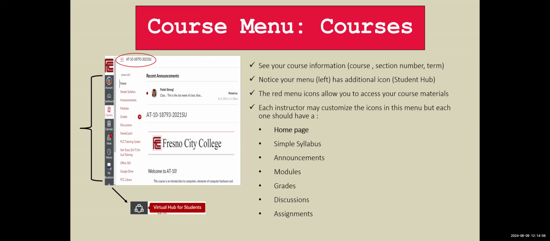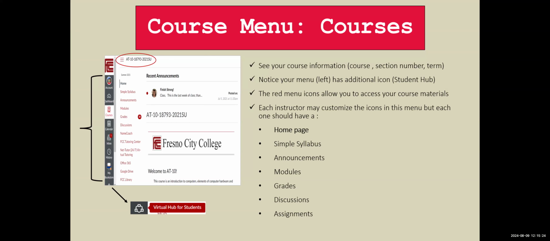You'll still have access to your Canvas main menu or global navigation bar on the left, and now you'll see there's an extra icon at the bottom. It's right there. It's a little hard to see here, but we'll come back to it later. This is called the virtual hub for students, the VHS.